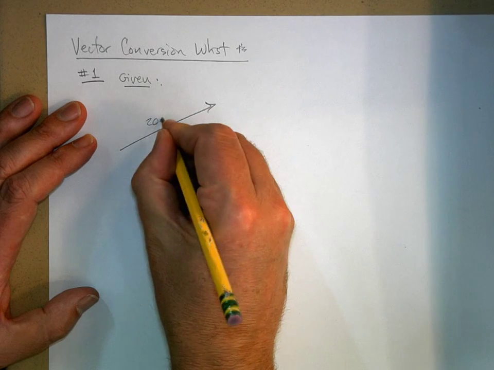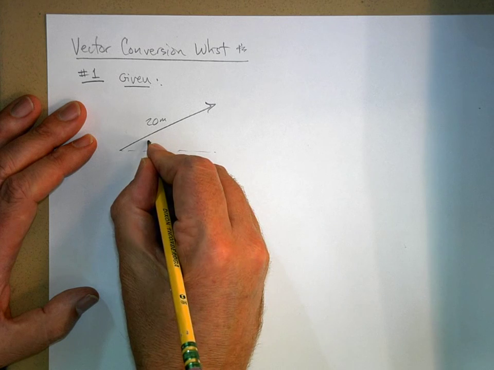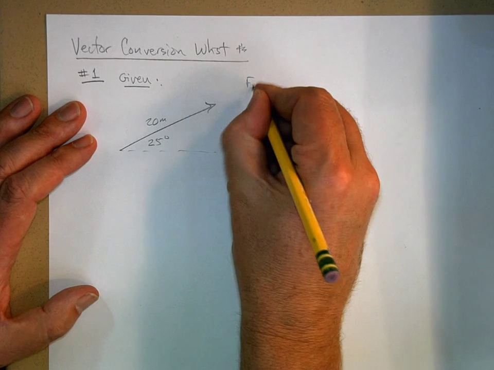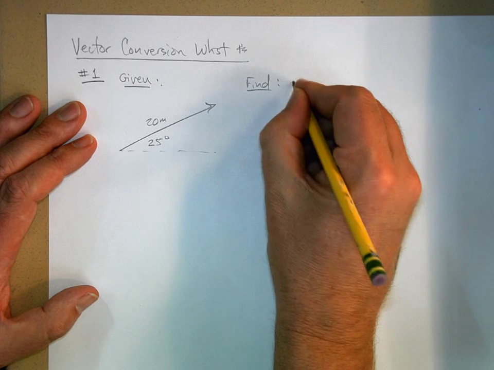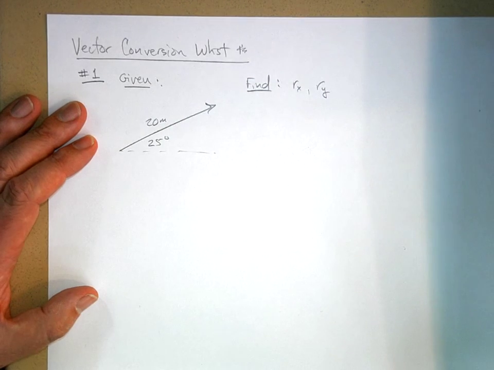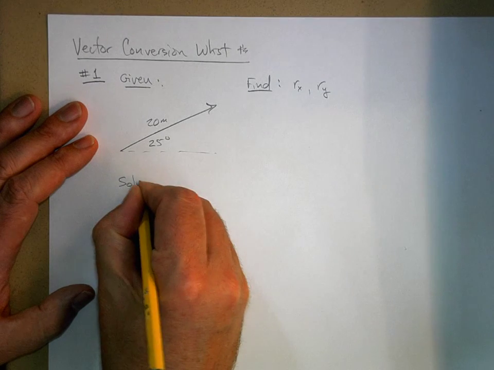This is 20 meters. And this is 25 degrees. And we want to find Rx and Ry, or the x and y components of this vector. So let's solve it.